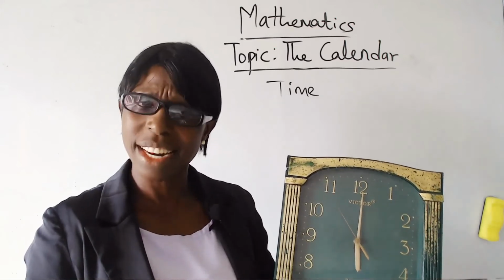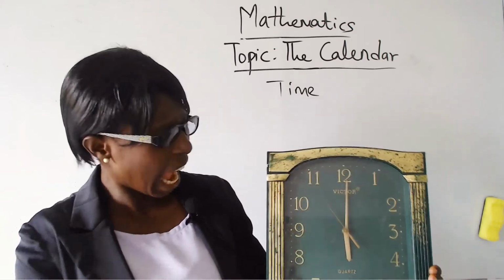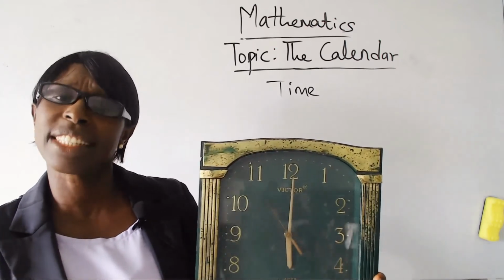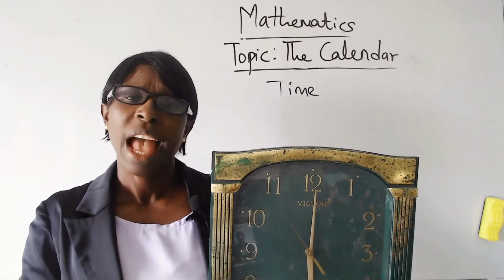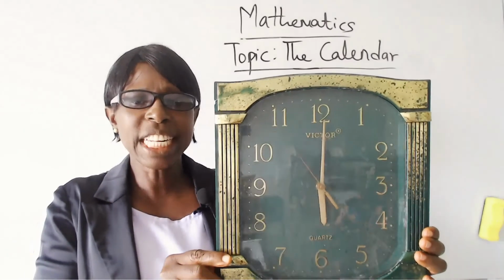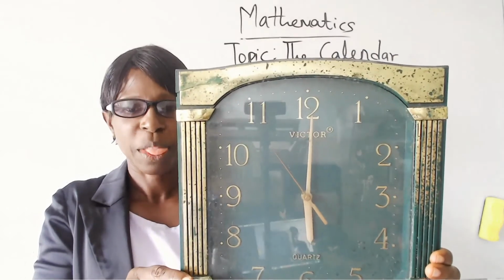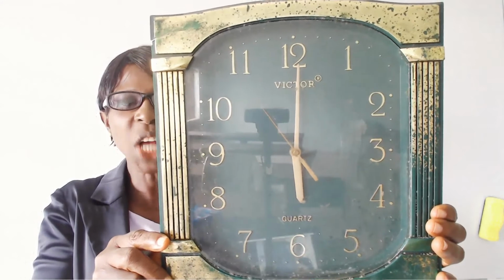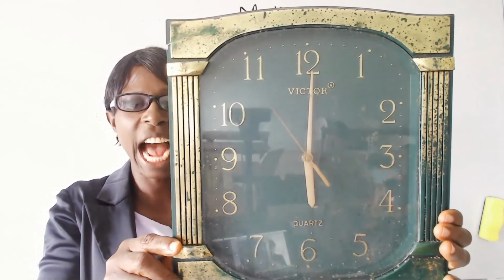I hope you are getting it. Right now, as you can see, the long hand is at 12 and the short hand is pointing at 6.